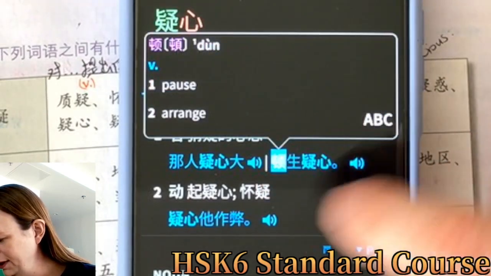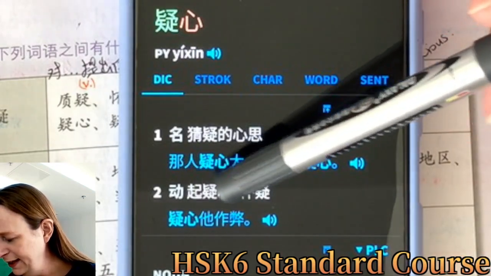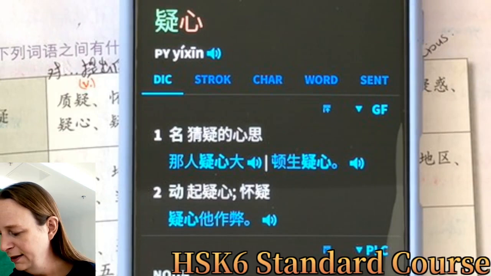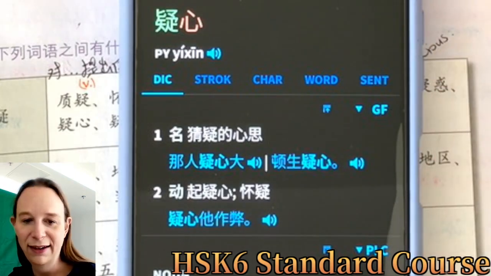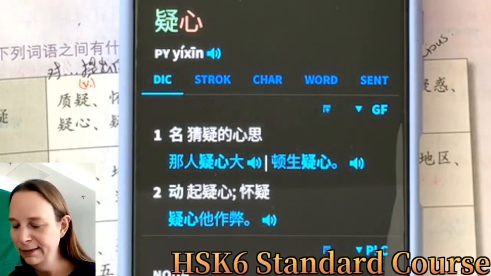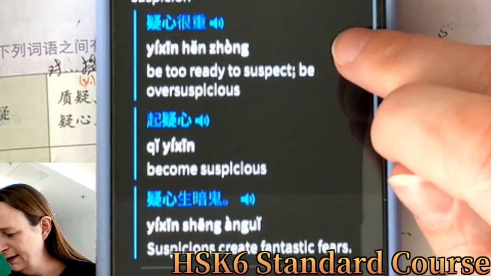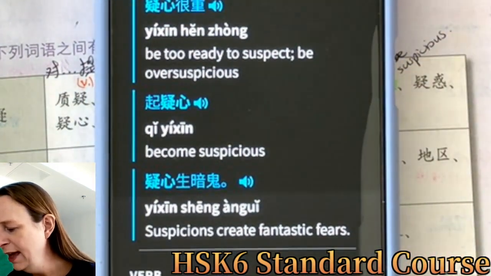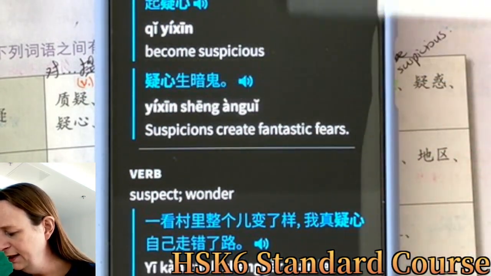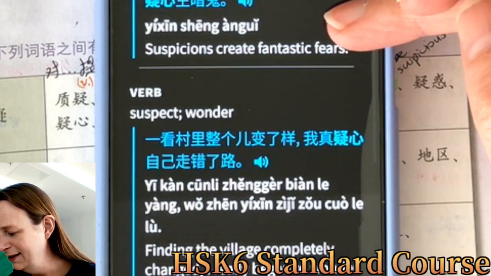What is this? 顿生? I don't know that one. 其心怀疑. 疑心他作弊. Okay, so I'm full of doubts. My mind is full of doubts that he cheated. Okay. Full of suspicions. 疑心很重.